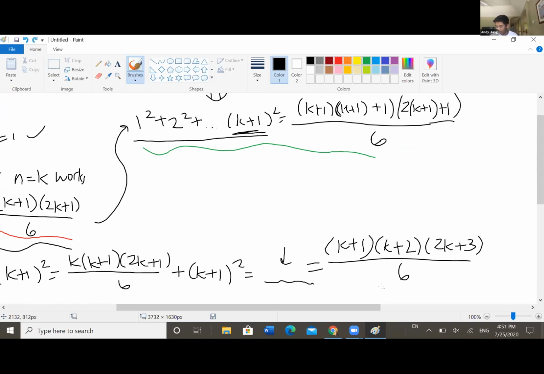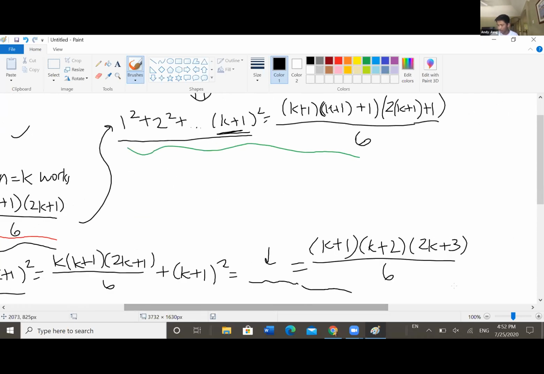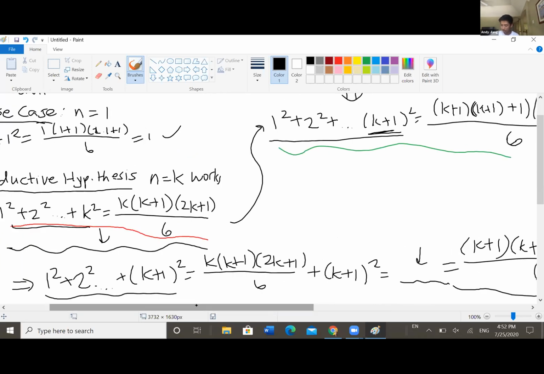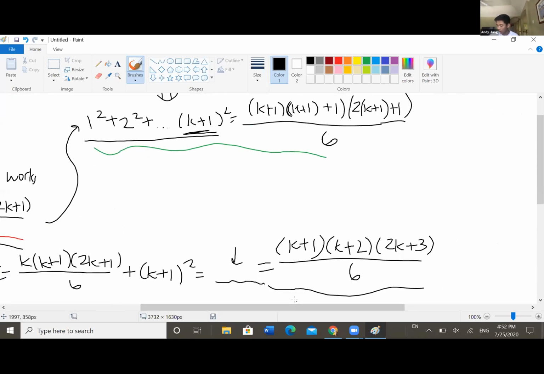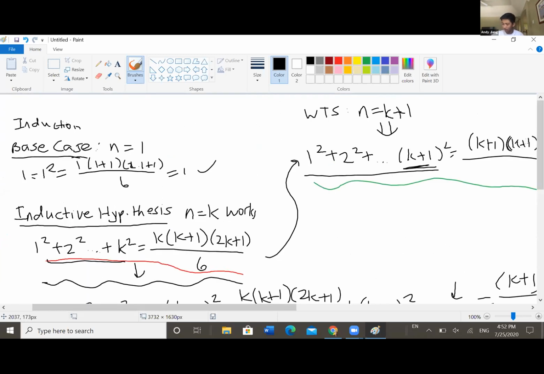And recall that I still know that this statement is true. This is still all from my original red statement. And this is in fact exactly what I'm trying to prove here. Okay, so were there any questions about how induction works? Like the logic behind it or a certain step in here?